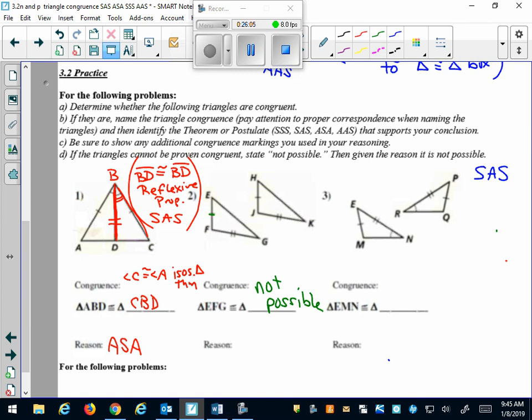Do we have two sides and the angle between those two sides? If I have these two sides, which angle is between them? E. I don't have E. If I have these two sides, which angle's between them? I don't have P. So, can I use SAS here? No.